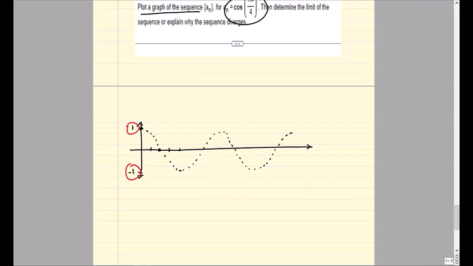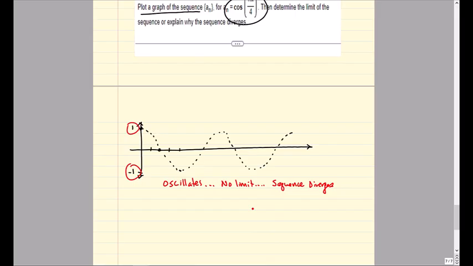This is oscillating, which again means going back and forth between two values. And it doesn't have a limit because it oscillates. So because the limit doesn't exist, the sequence diverges. This one I can tell pretty quickly just from the graph.